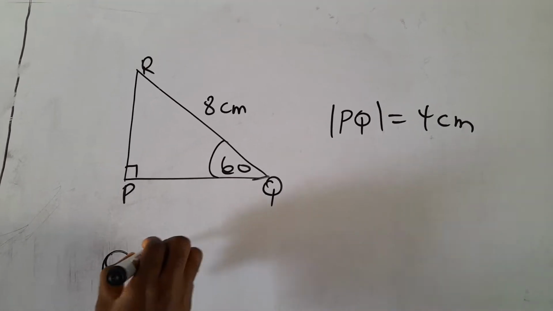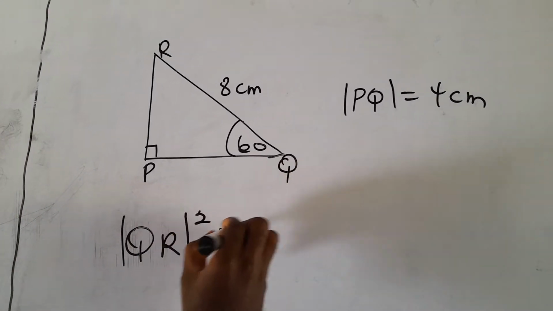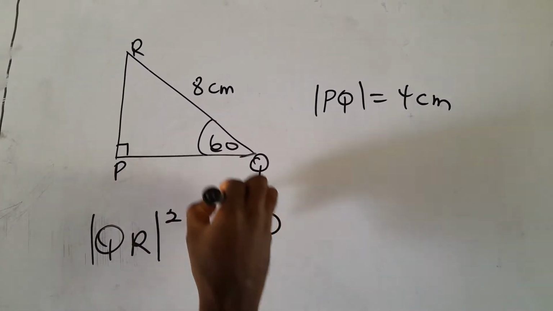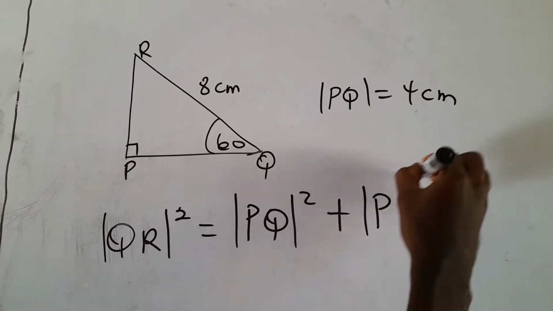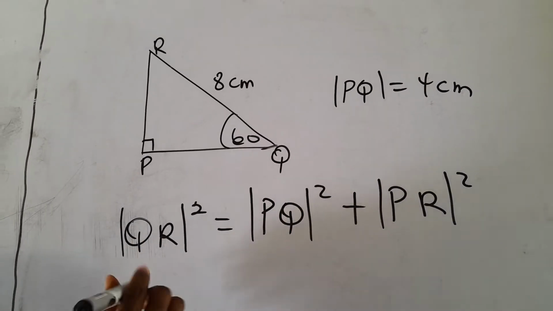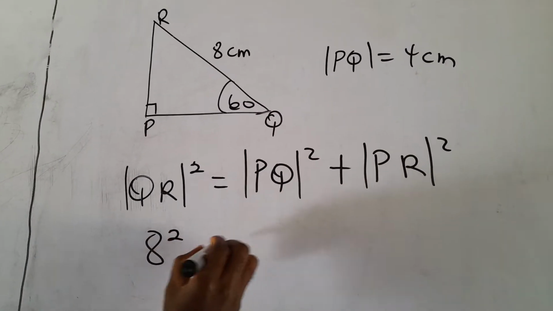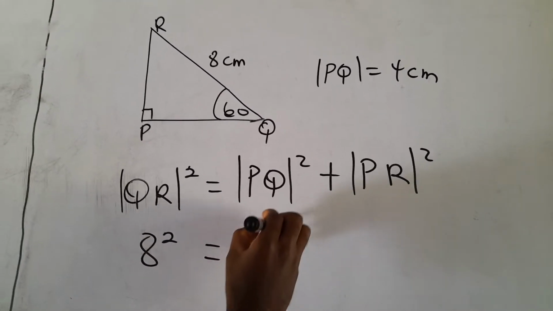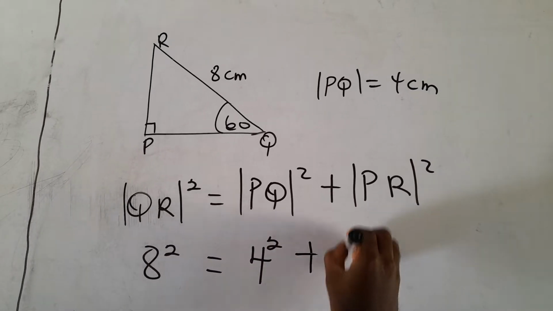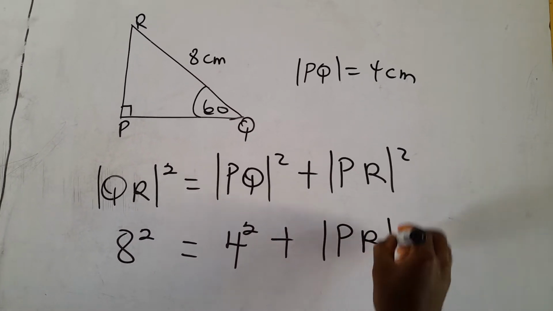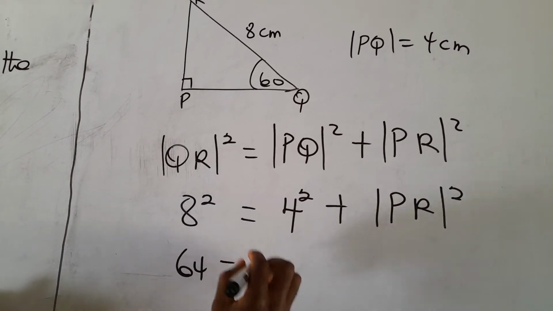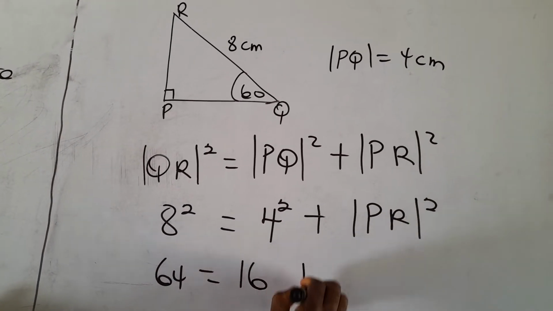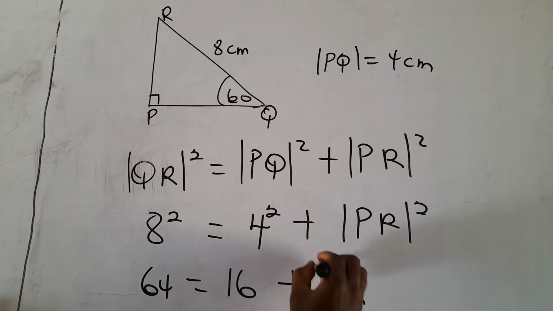QR squared from Pythagoras theorem is equal to PQ squared plus PR squared. QR is 8, so 8 squared will be equal to 4 squared plus PR squared. 8 squared is 64, equal to 4 squared, 16, plus PR squared.